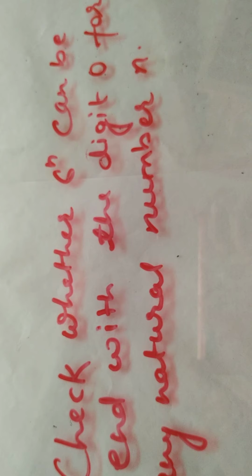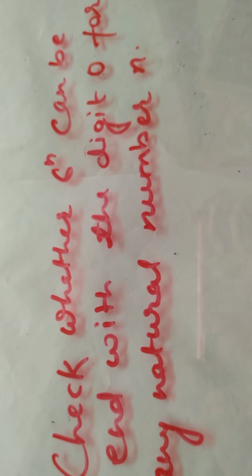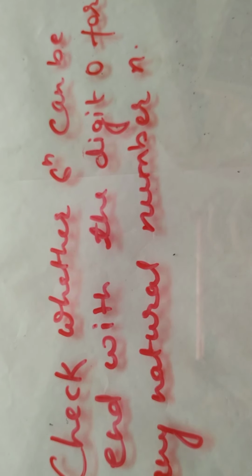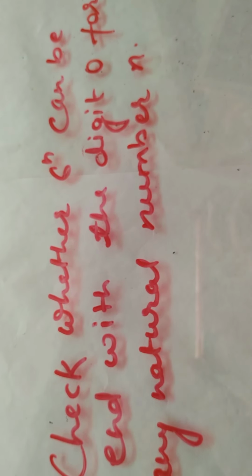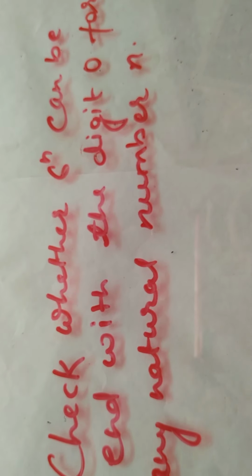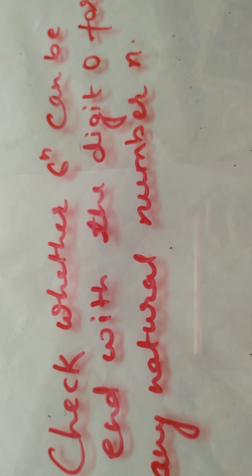Now we all know that if 0 is the unit digit of any number, that means that number is divisible by 10. If any number is divisible by 10, that means it is divisible by 2 and 5, because the prime factorization of 10 is 2 into 5.